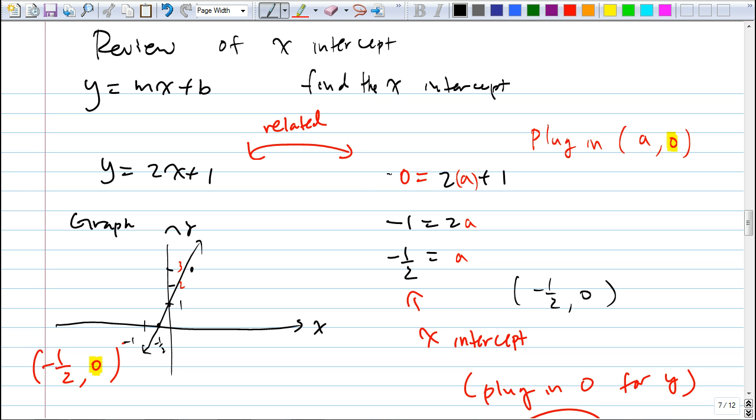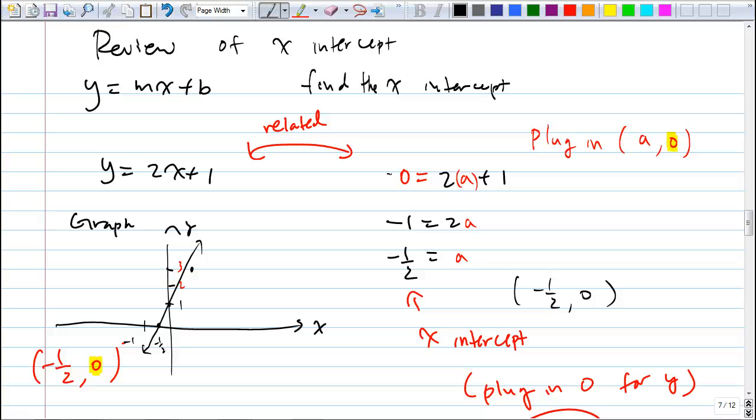So guess what we're going to do for quadratic equations? Plug in 0 for y. Again, it's the same thing, because no matter quadratic or linear, the x-intercept must have y equals 0, because the x-intercept must be on the x-axis. Are you all following me? Does that make sense? That's what we're going to do.